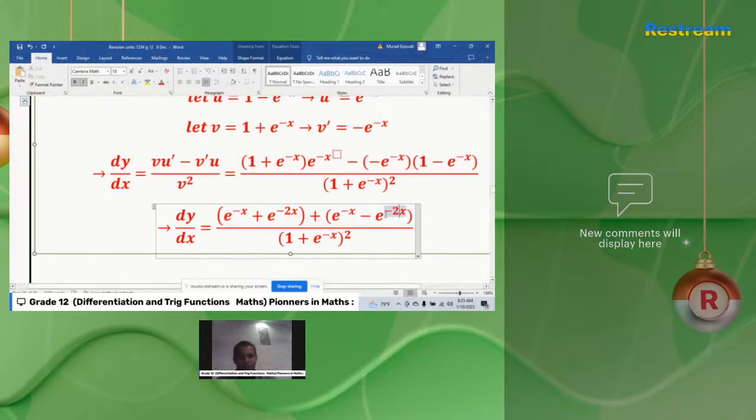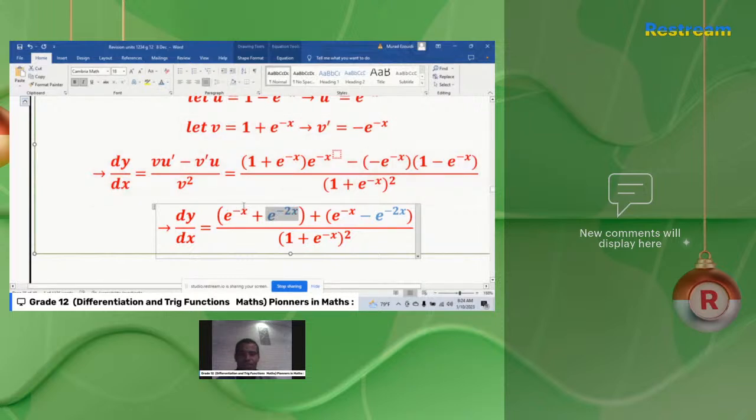Okay, but you can see that exponential minus 2x minus exponential minus 2x is equal to 0. They will be cancelled automatically.